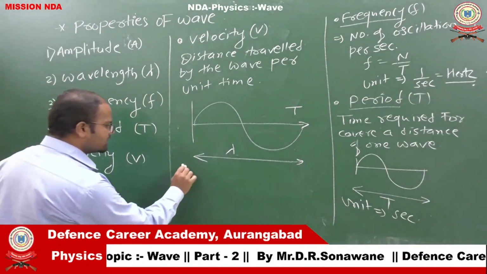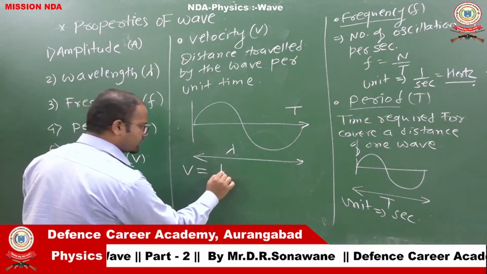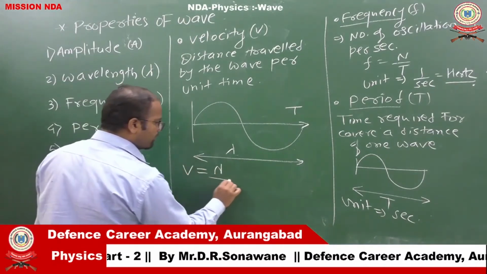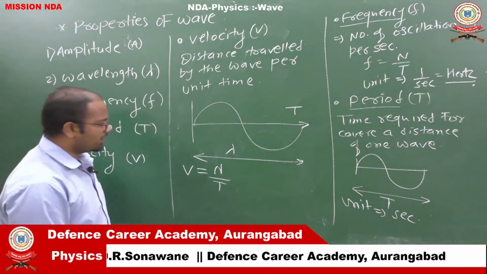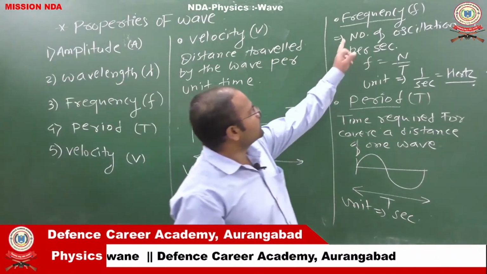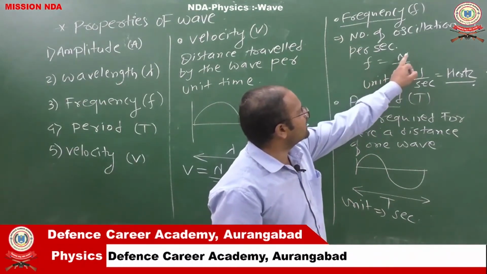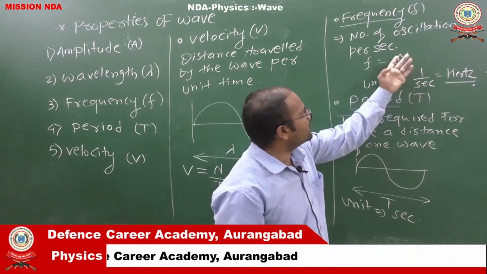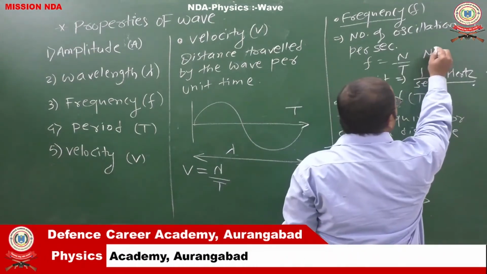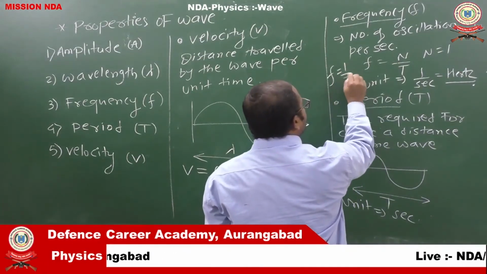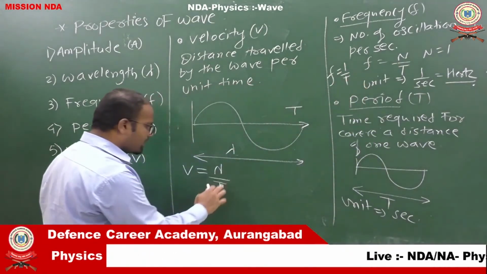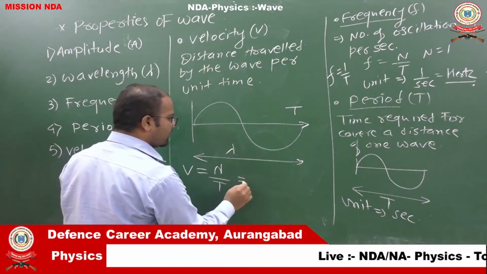So velocity is nothing but the distance traveled, that is lambda, per unit time, that is capital T. But we know that frequency is what? Frequency is n upon t. If we put n equals 1 for one vibration, then the formula becomes f equals 1 by T. So instead of 1 by T, we can write here n, or I can say f.